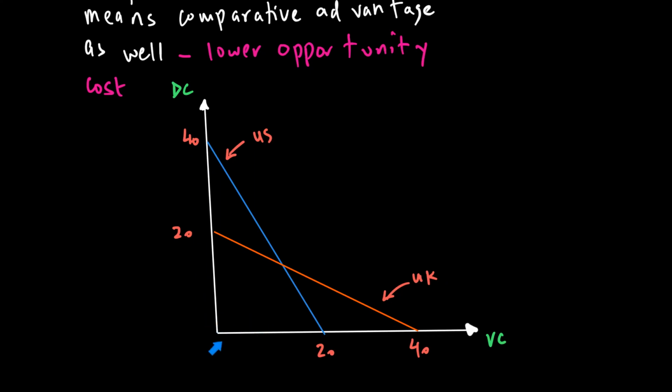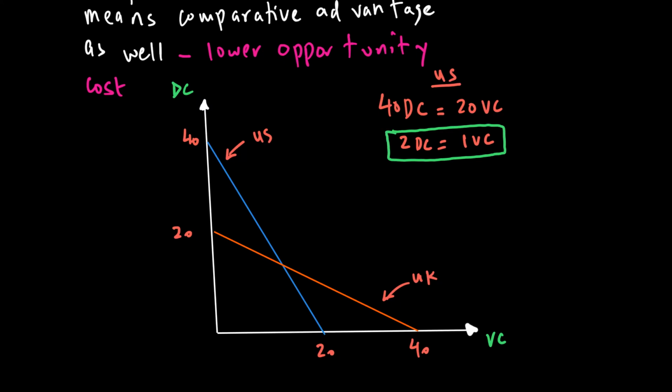So 40 digital cameras, 40 DC, is equal to 20 vacuum cleaners for the US. In other words, I can say this: one vacuum cleaner is equal to 2 digital cameras. Why? 40 divided by 20 is 2. So 2 digital cameras are equal to 1 vacuum cleaner. I can rewrite this same thing.